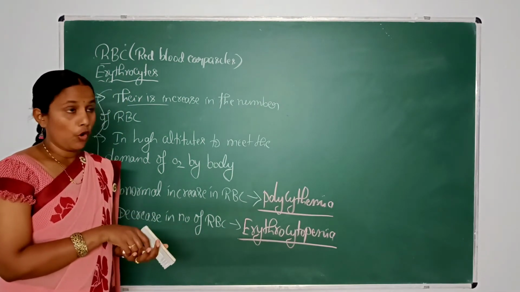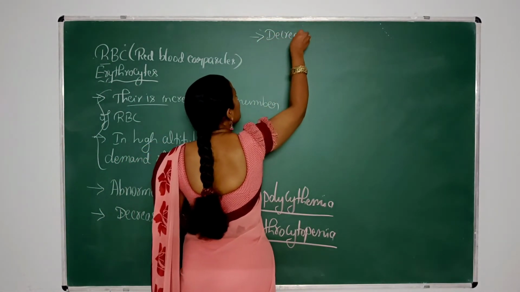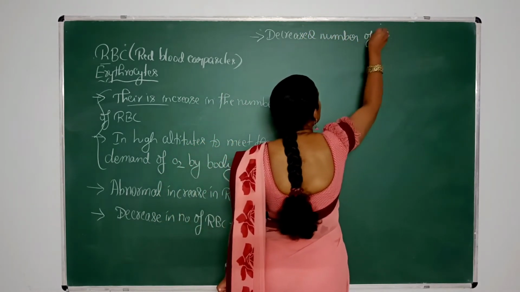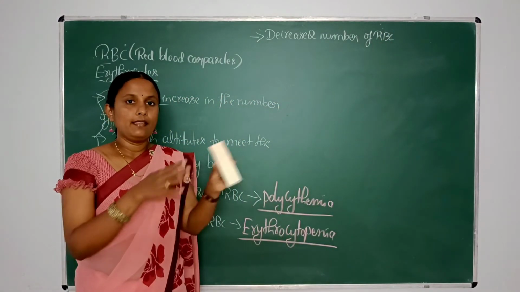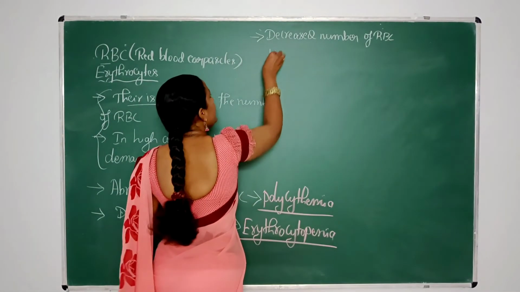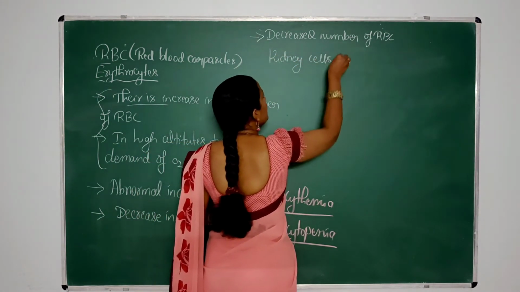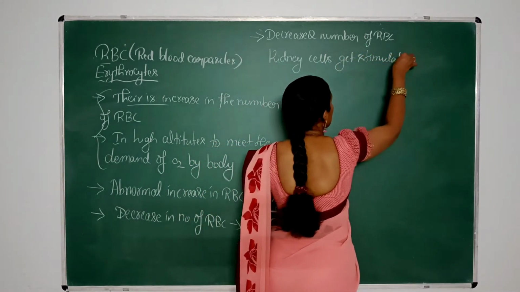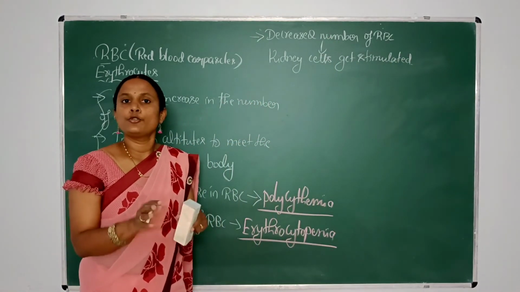If in our body there is a decreased number of RBCs, then this condition will be detected, and signals will be sent to the kidney. The kidney cells get stimulated. That means if there is a decrease in the number of RBCs, the condition should not remain like that.